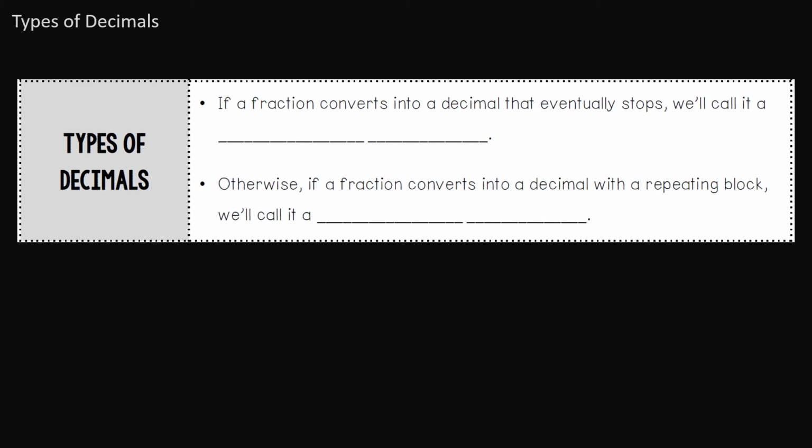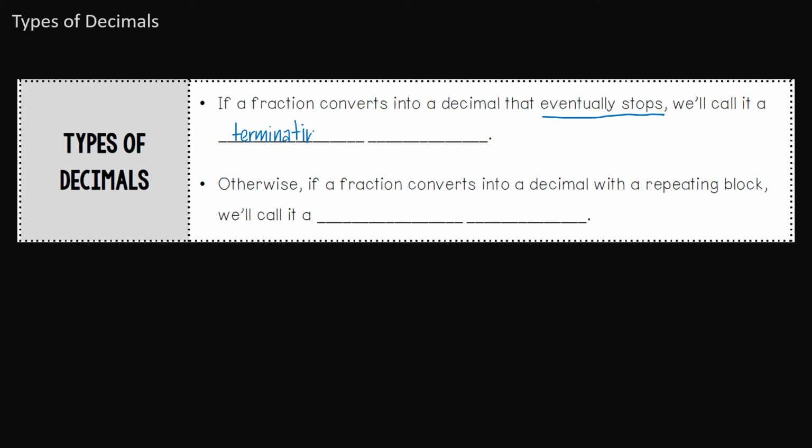Okay, types of decimals. This is where we're going to learn about repeating versus terminating decimals. If a fraction converts into a decimal that eventually stops, keyword stops, we are going to call that decimal a terminating decimal.